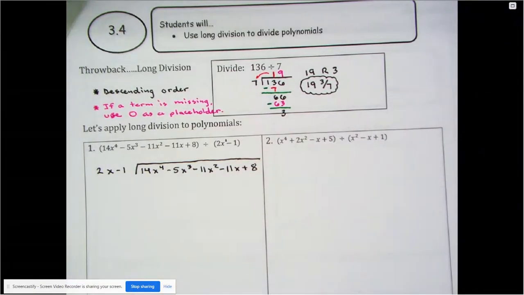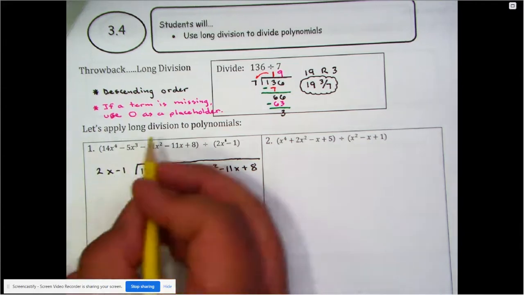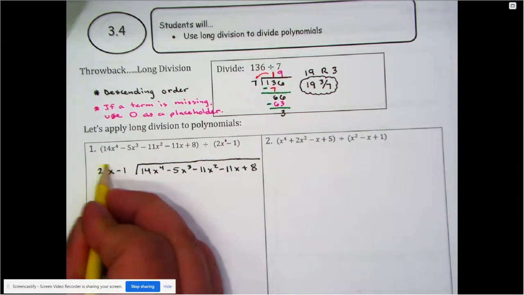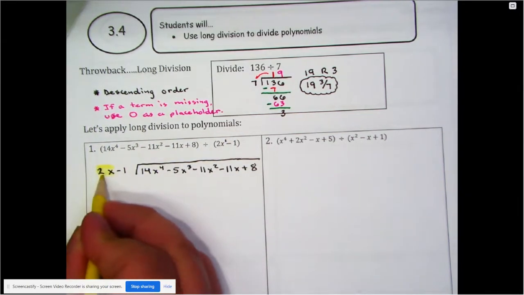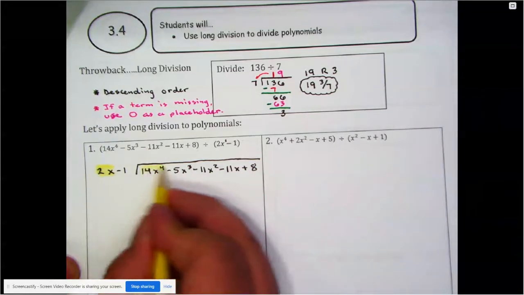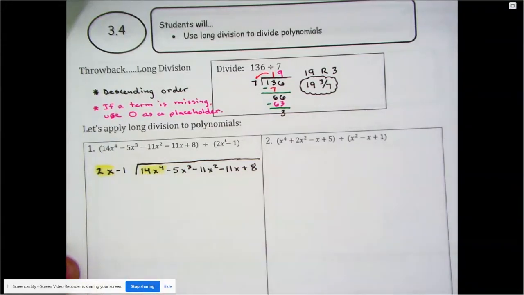Right? Long problems, but that's all right. Look, we're in Algebra 2 at this point. Now, the easiest way for me to explain this is we're going to play the matching game. My goal when I'm dividing, I need to match my first term with my first term. I want a perfect match.